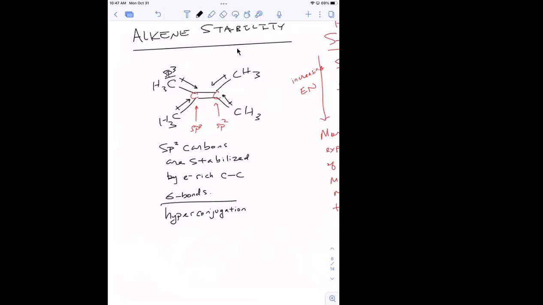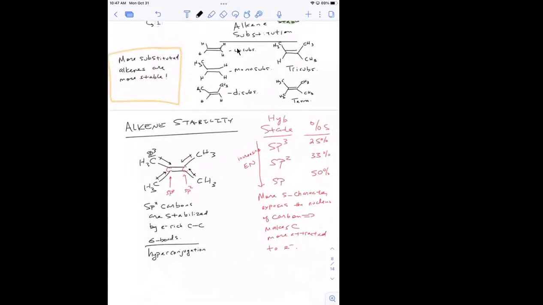All right, questions? We're good? Everybody okay? So that's why these things follow Zaitsev's rule, because the more substituted your alkene is, the more stable it is, and stability is always the goal, right? You go from a less stable state to a more stable state.